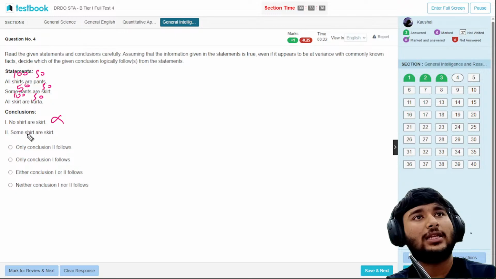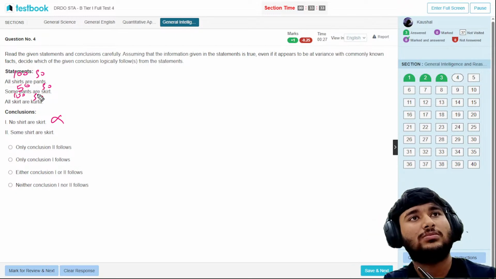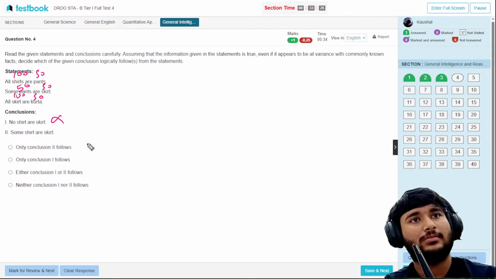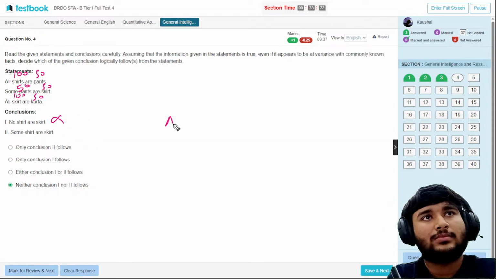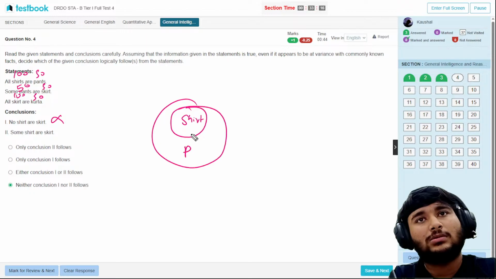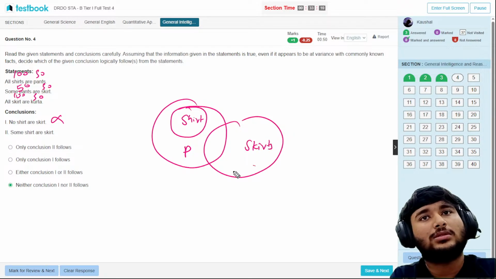Some shirt are skirts. All shirt are pants. Some pants are skirt. Some skirts are kurtas.